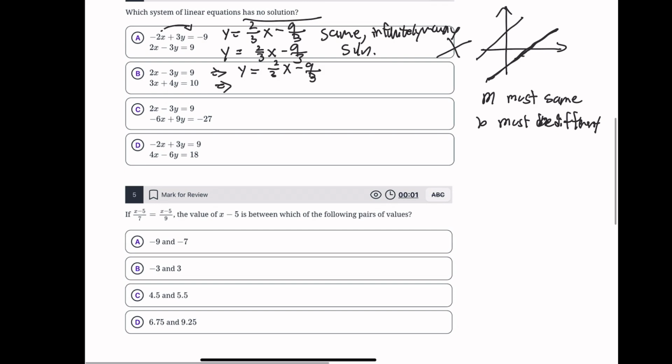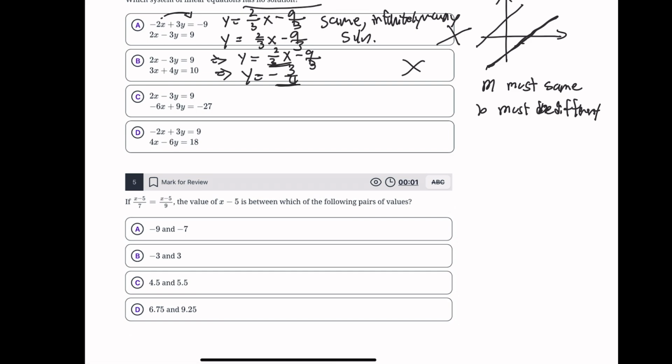And for this one, y is equal to, we don't really care about the b's here, negative 3 over 4. Negative 3 over 4 is obviously not equal to 2/3. So B cannot have no solutions. Let's try D.